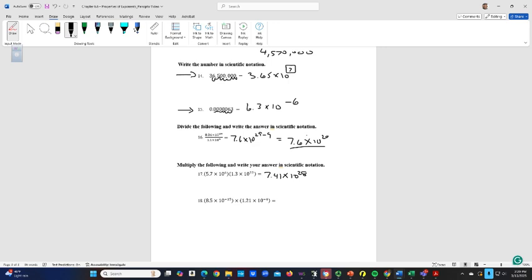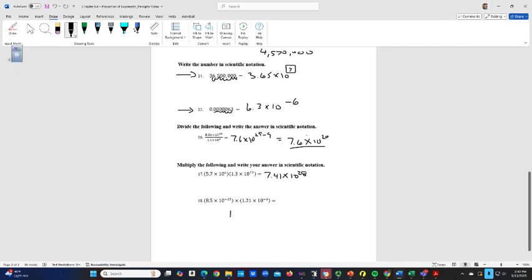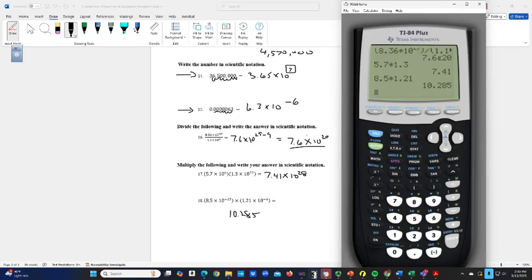So we got 8.5 times 10 to the negative 15th times 1.21 times 10 to the negative 4. If I do 8.5 times 1.21, I got a number bigger than 10, 10.285, which I have to convert on its own, because I have to move this one place to the left.